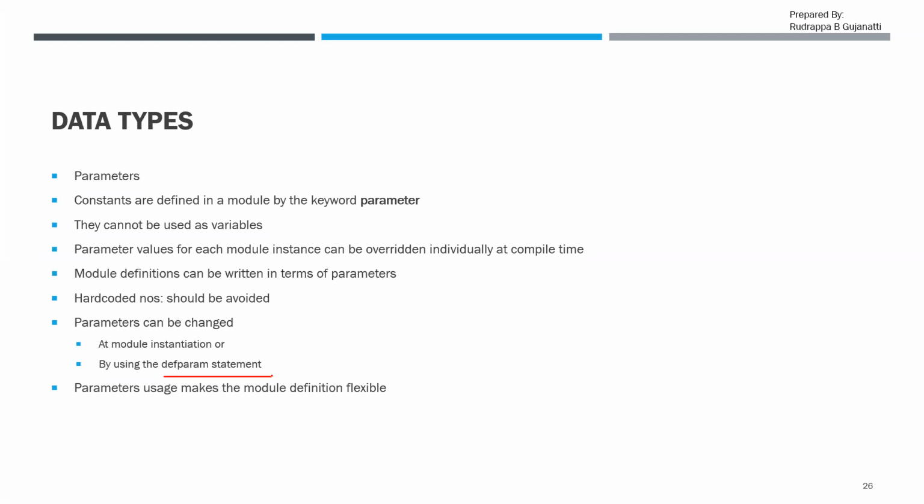Parameters usage makes the module definition flexible. That is the hard coding I specified, right? In such cases, previously I was using, say, 2.3 into 10 raised to 8. Now I want to change it to 2.99 into 10 raised to 8. If I declare this as a parameter, it is more than sufficient.